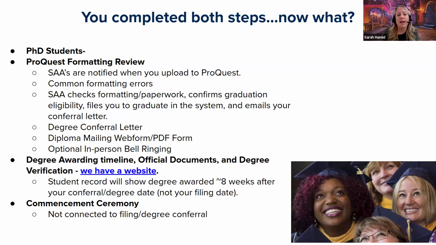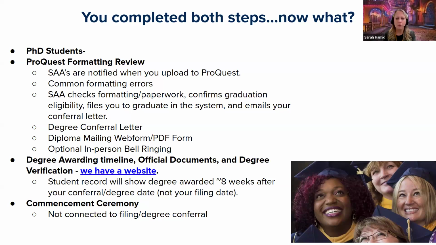And again, we just ask for your patience, especially if you're submitting closer to the deadline, because we have one person in charge of this, and it's a pretty overwhelming situation to be in because you have sometimes 400 to 500 students that are submitting. And there's one person processing all of this to then get you that email confirmation and that conferral letter.